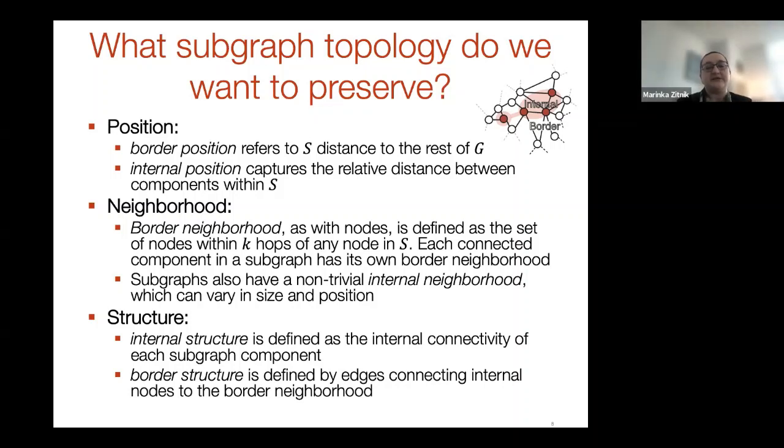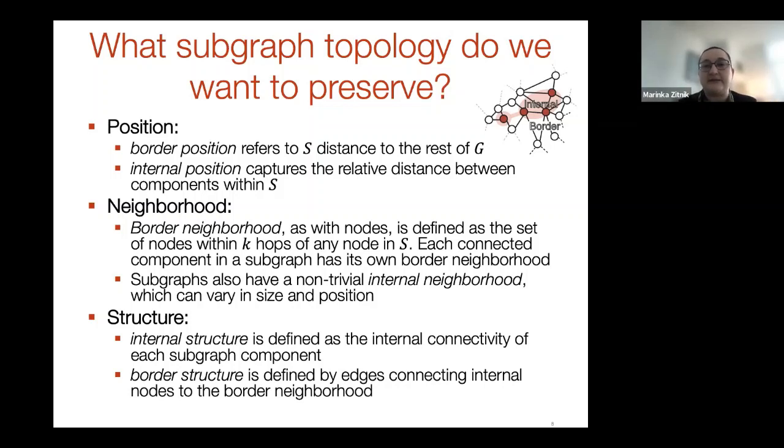And finally, structure is concerned with capturing information on the presence of certain network motifs and higher order structures. For example, is there an overrepresentation of triangles or squares within the graph?